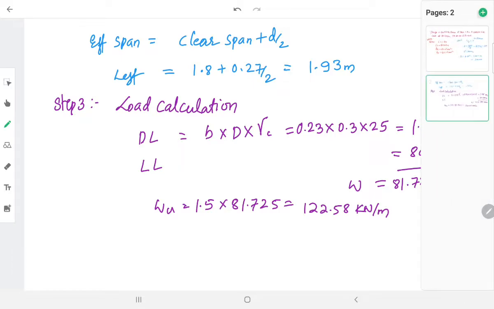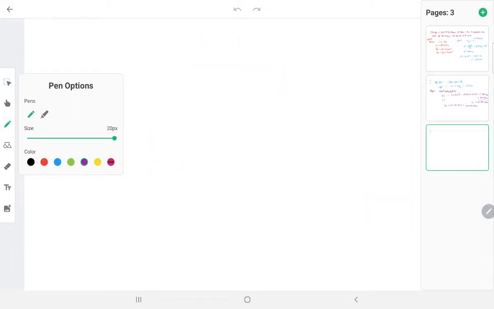Next step is step 4, the calculation of bending moment and shear force.